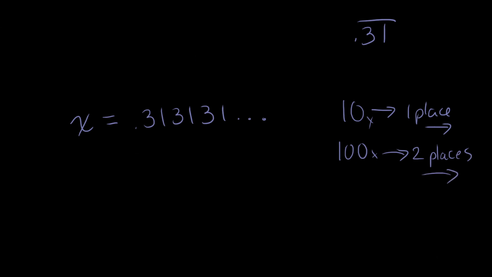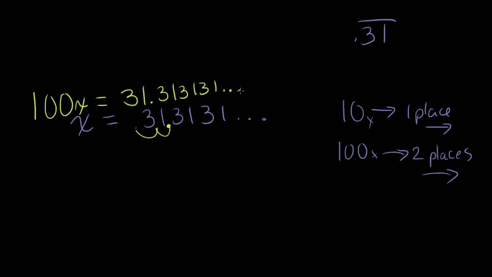So we're going to multiply this not by 10, but by 100. So let's say 100x. Well, what would 100x be equal to? Well, let's see. There's 1, there's 2. So there's our new decimal point. So 100x would be equal to 31.313131 forever.